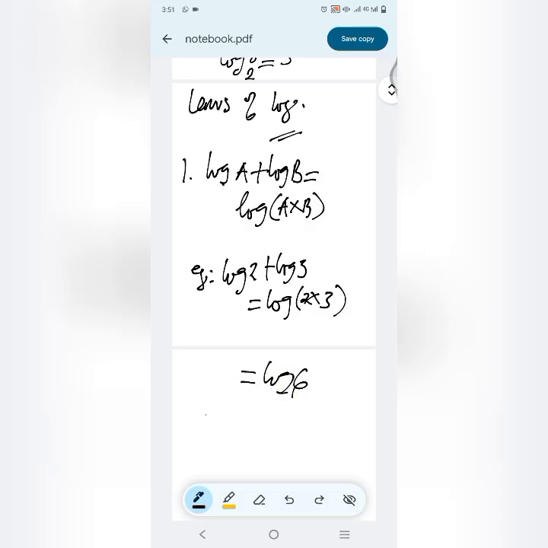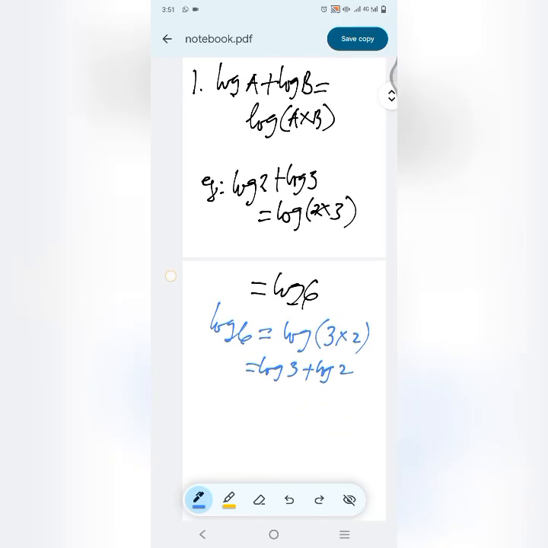So I can write that log 6 is the same thing as log 3 times 2, and this is the same thing as log 3 plus log 2, and I will be correct.